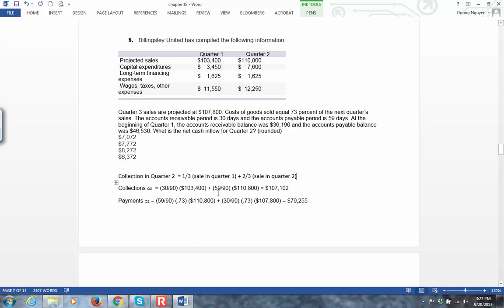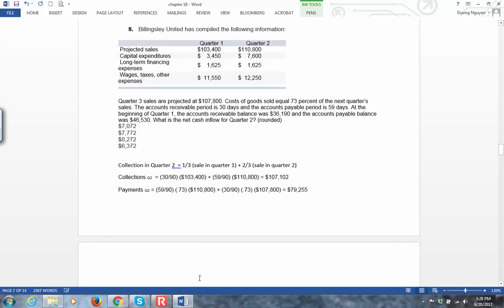The sales in quarter 1 is 103,400, sales in quarter 2 is 110,800. So the collection in quarter 2 is 107,102.